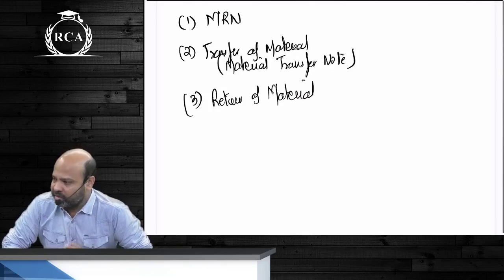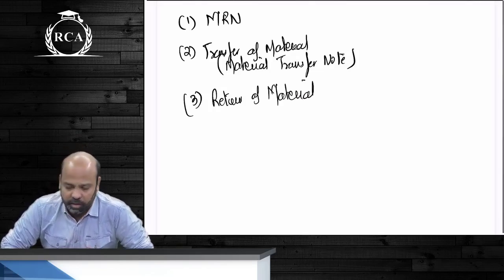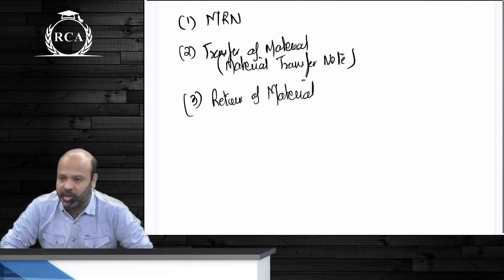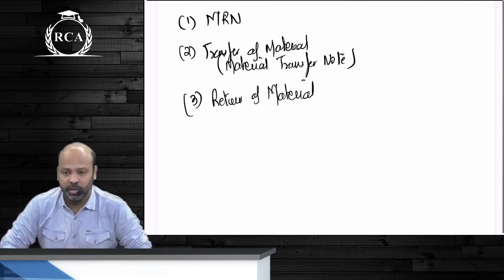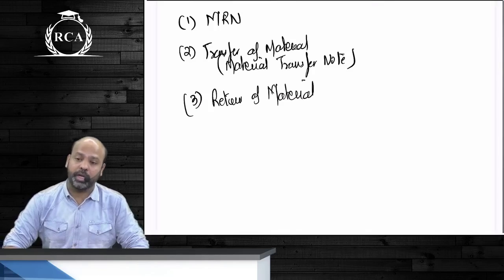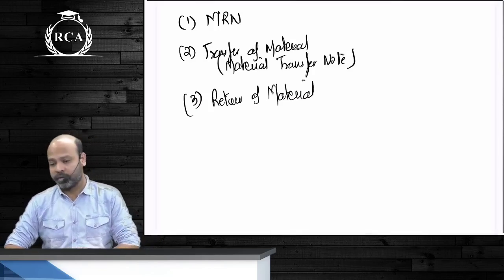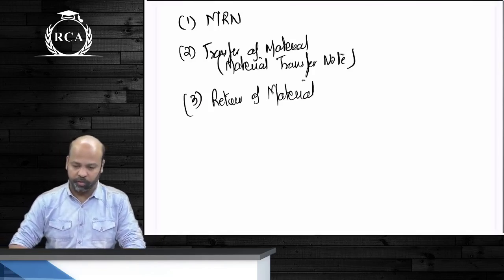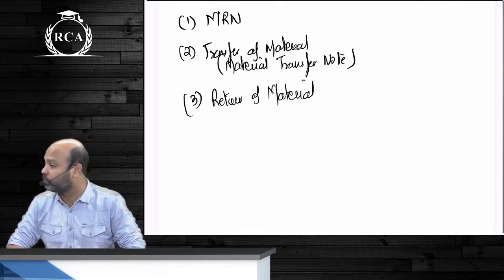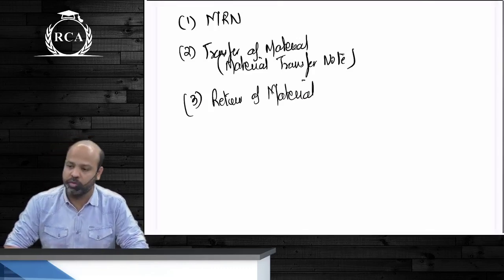Anything that increases the quantity of raw material at the stores will be a receipt. Anything that decreases the quantity of raw material at the stores will be an issue. If you are returning the raw material to the supplier, is it going to reduce the quantity of material? Yes. So you simply record that as issue.